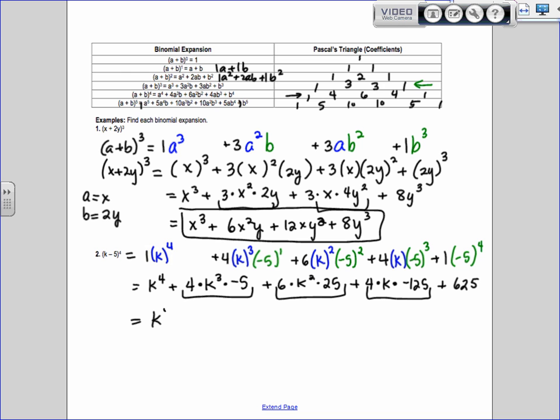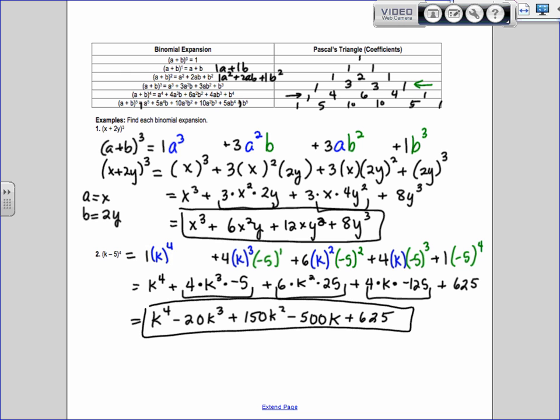So I'm going to have K to the 4th minus 20 K cubed plus 150 K squared minus 500 K, since 125 times 4 is 500, plus 625. And that's your answer. Yes, you would have your calculator to help you with things like 125 times 4. Okay, does this make sense?